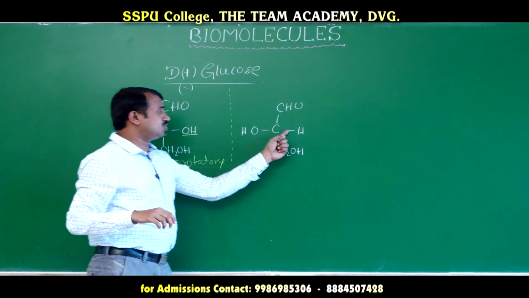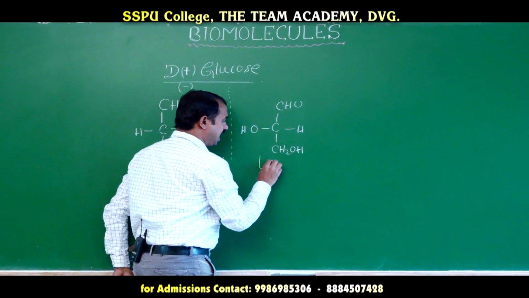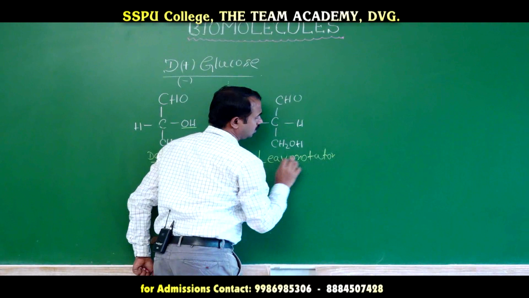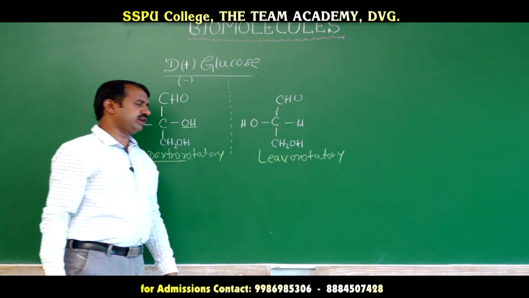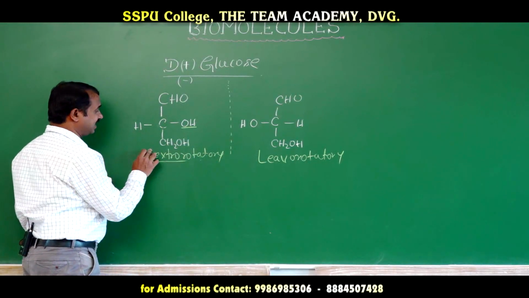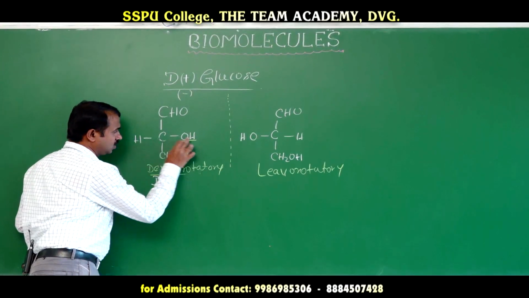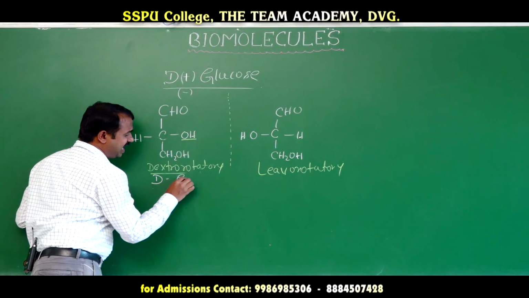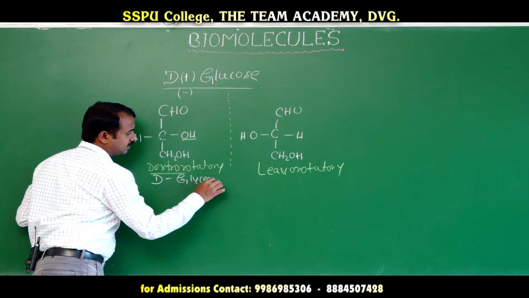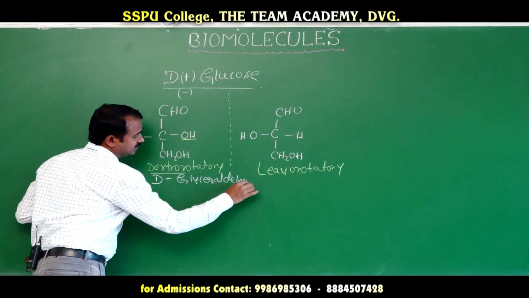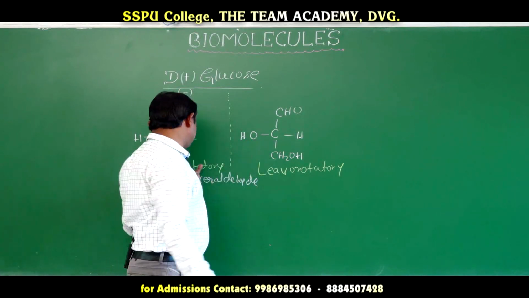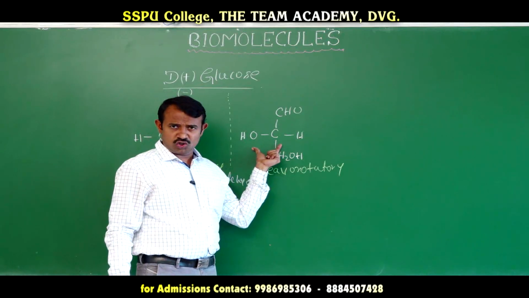When the hydroxy group is on the left side, it rotates anti-clockwise. Hydroxy group on the right is called dextrorotatory, and on the left is called levorotatory. This is D-glyceraldehyde, D plus glyceraldehyde, dextroglyceraldehyde, and this is L-glyceraldehyde.